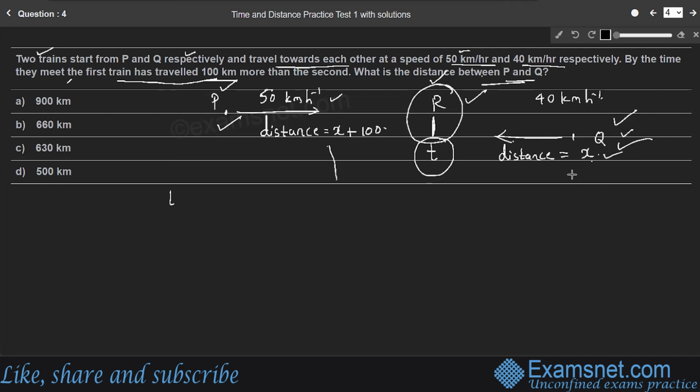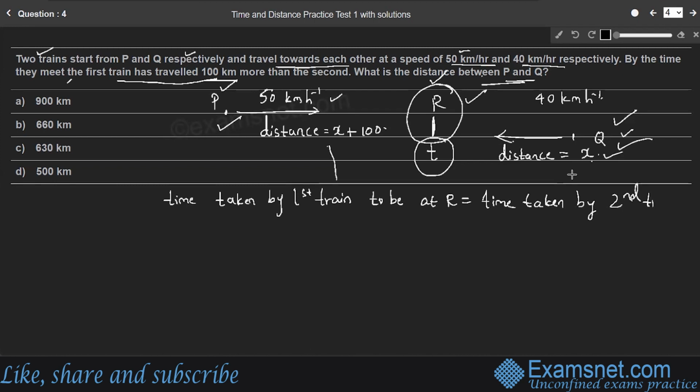Therefore, we'll consider the time taken by the first train to be at R. This is for our better understanding. So the time taken by the first train to be at R is equal to the time taken by the second train to be at a certain place, which is R here, right?